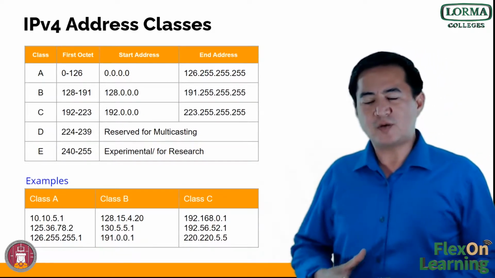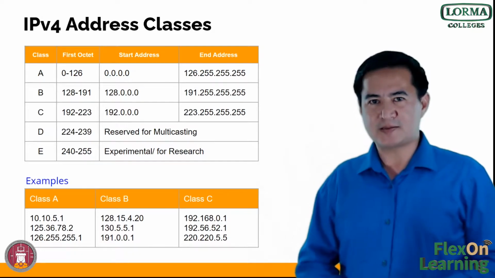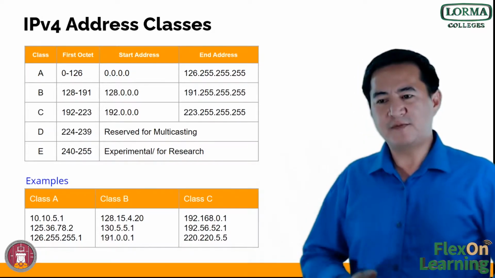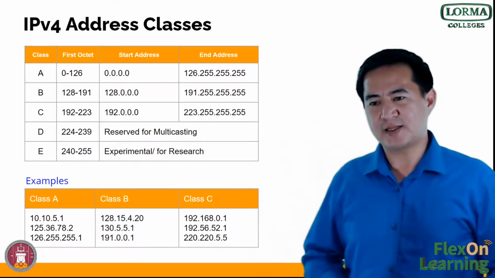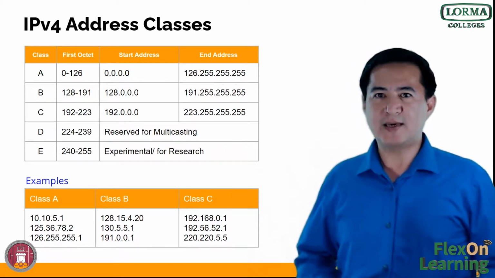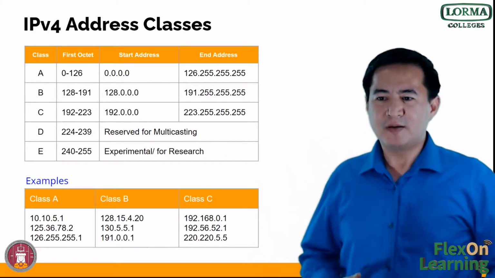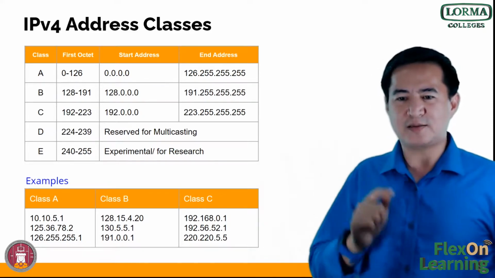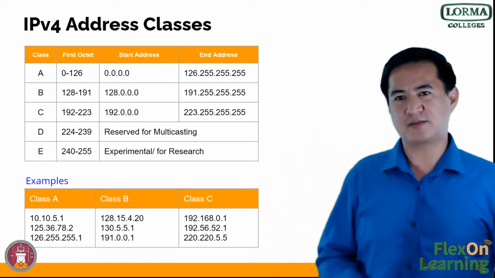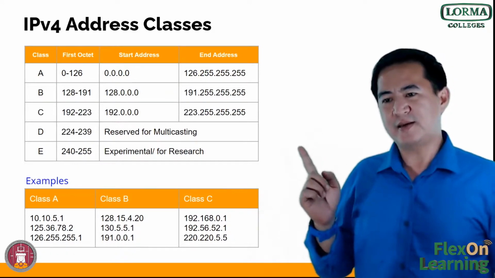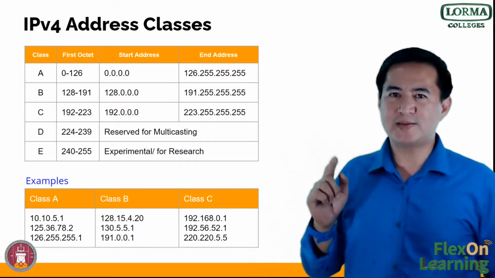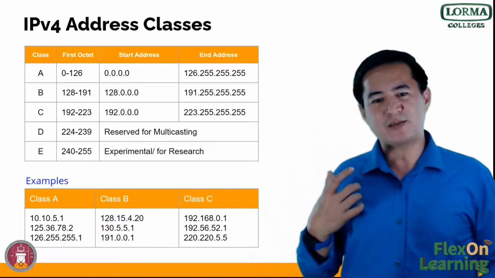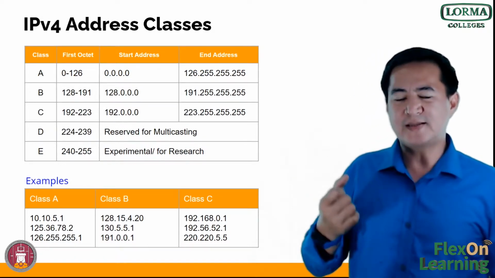Let's take a closer look at the IP address classes. The total number of IP addresses is divided into 5 classes: Class A, B, C, D, and E. In each class, the first octet starts with a certain range. For example, class A is 0 to 126. Class B is 128 to 191.